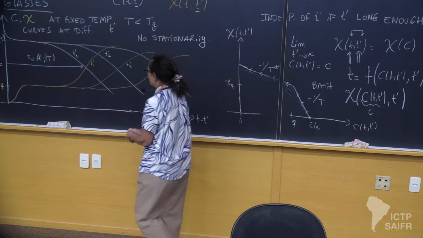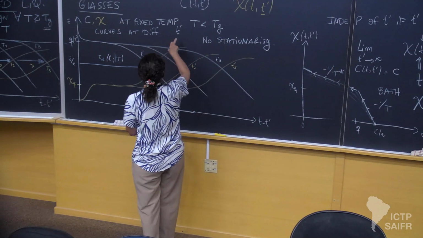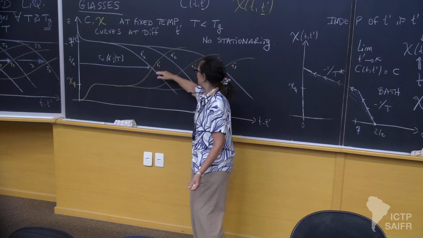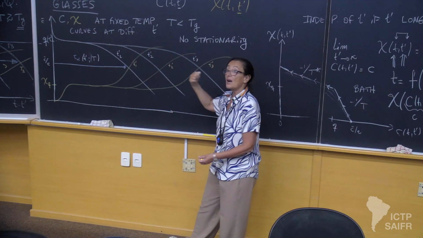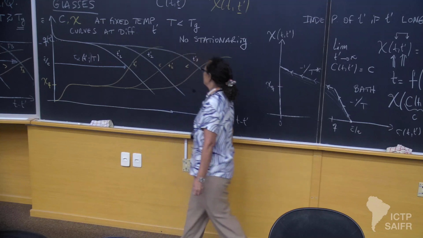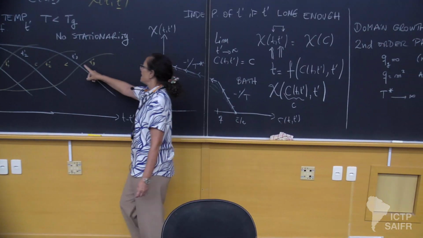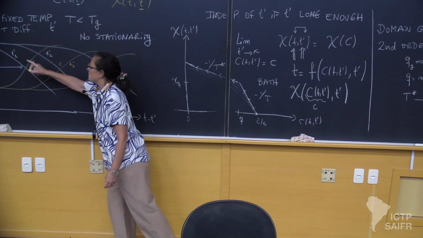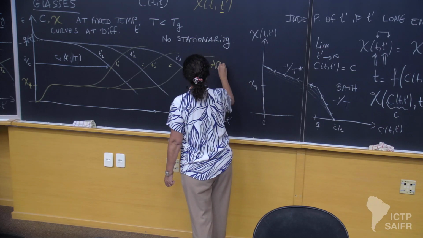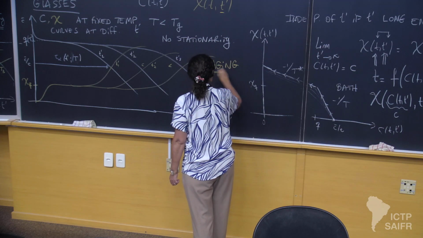But the other feature here is this T prime dependence, and the fact that the relaxation time becomes longer when T prime increases, because, again, the T primes are ordered in this way. T prime 3 is longer than T prime 2, which is longer than T prime 1. So this is what is called the aging effect.